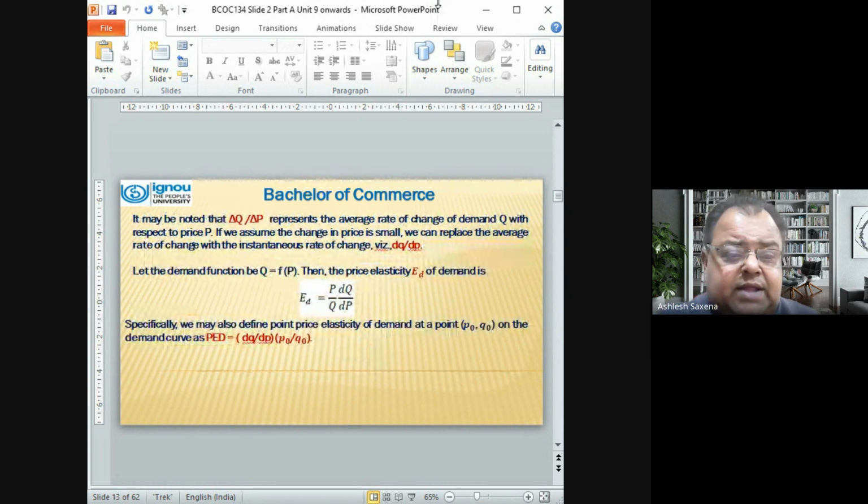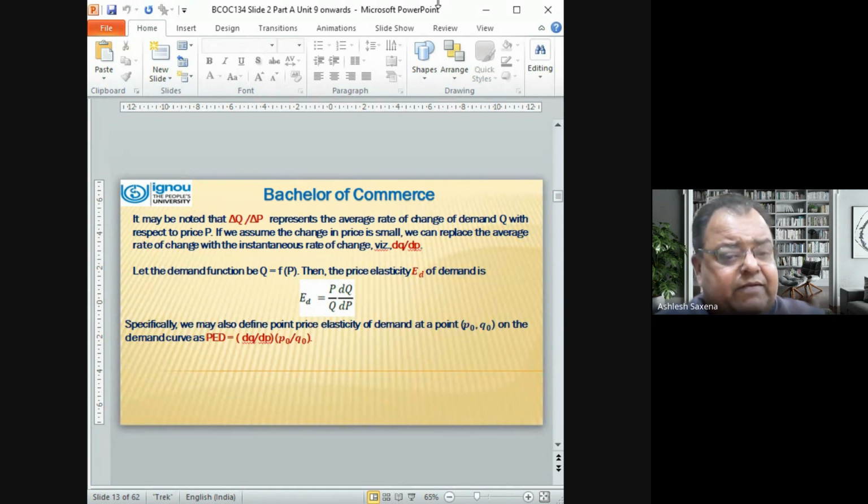It may be noted that delta Q upon delta P represents the average rate of change of demand Q with respect to price P. If we assume the change in price is small, we can replace the average rate of change with the instantaneous rate, that is dQ by dP.